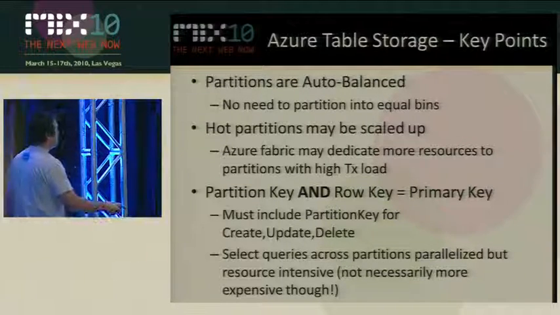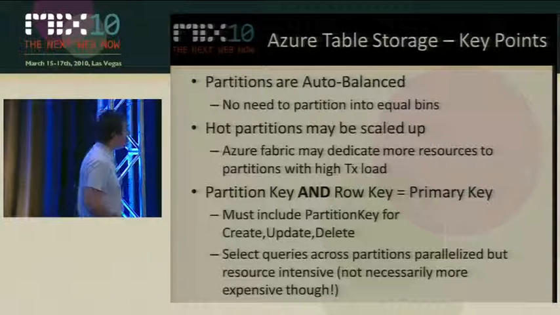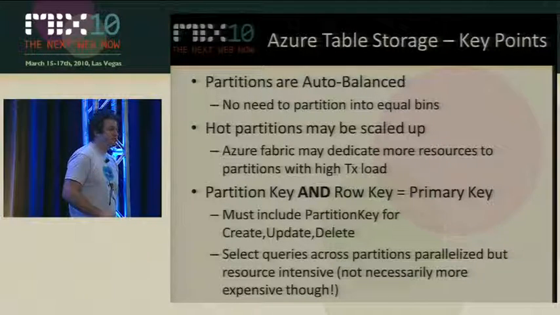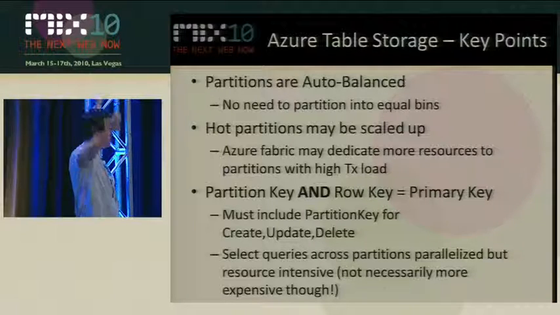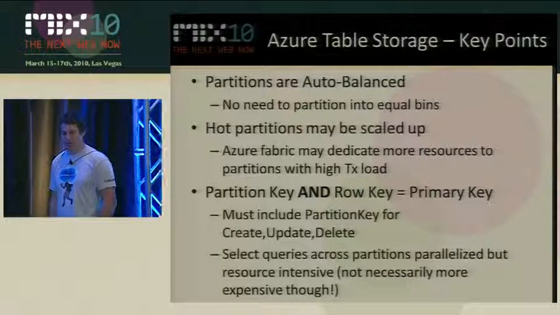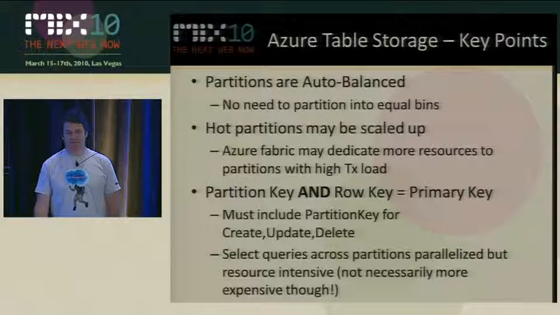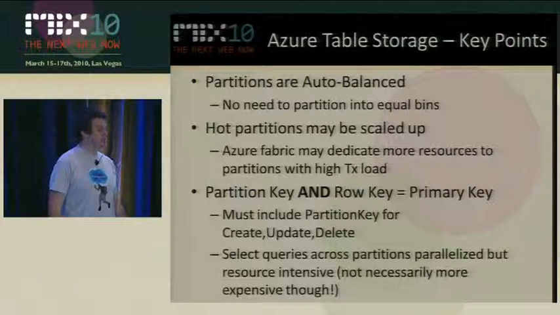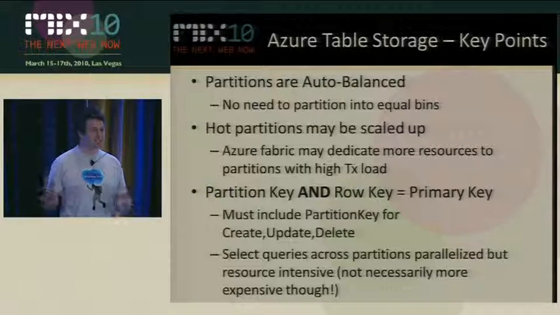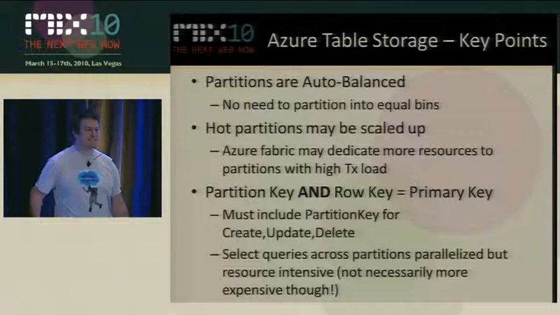Select queries across partitions are parallelized and resource intensive. But, ladies and gentlemen, they are not necessarily more expensive. Certain platforms charge you for what they call query compute time when you're querying their table stores, which is kind of this amorphous, who knows what on earth my bill's going to be like at the end of the month number.